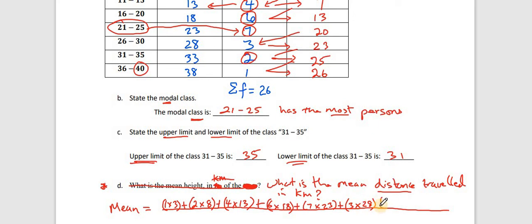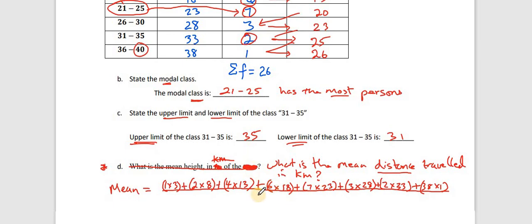Next one? We're adding all of them, right? 2 times 33. 38 times 1. You can put 38 times 1, or 1 times 38, it doesn't matter, right?